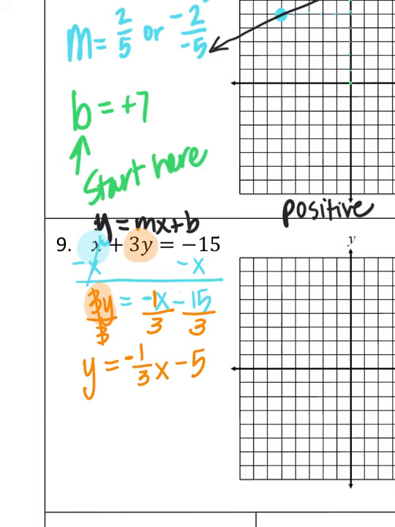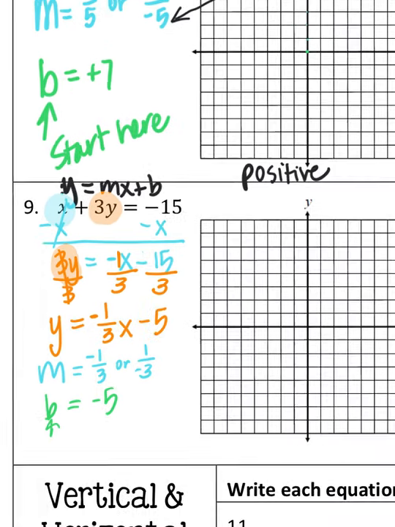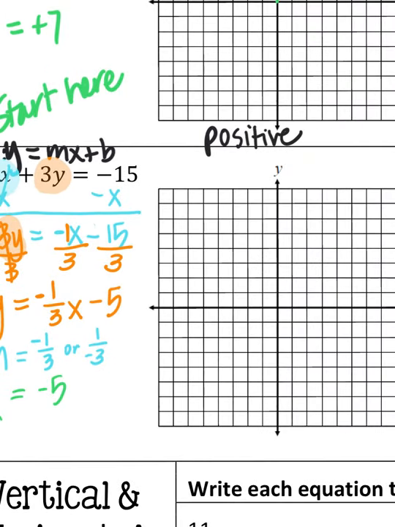So now we're ready to go. Again, I like to pull out my m. My m here is negative 1 over 3 or 1 over negative 3, either way. And my b is negative 5. Always start with our b.